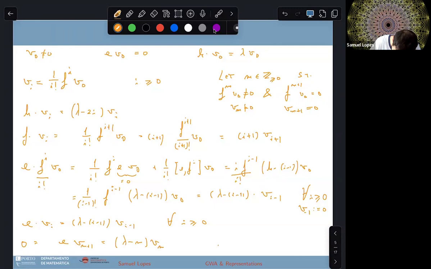So this forces lambda to be equal to m, which is a non-negative integer. It's so simple, but it's so surprising. So we've just proved that this lambda cannot be arbitrary. It's a non-negative integer. And now looking at these formulas for the action, it's exactly the formulas that we got for the module Lm. So this V0 does generate a submodule isomorphic to Lm.